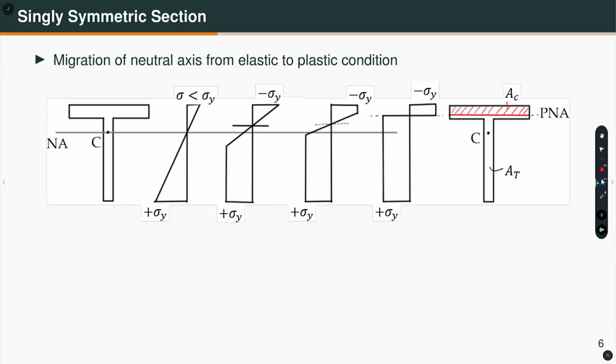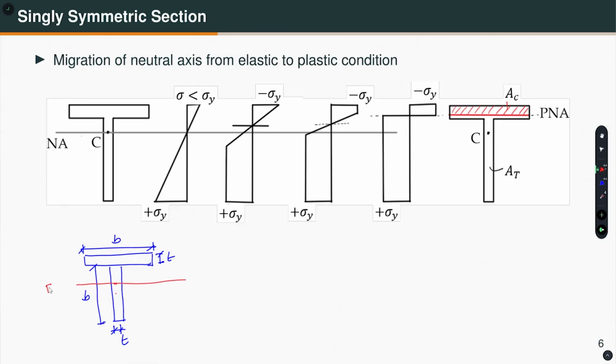If I take an example, then it will be even more clear. Let us say I take a rectangle like that, which has a thickness T and this is B. I take the same rectangle and make the T, now it is like this. So, this is also B and this is T. You can locate the elastic neutral axis, which, if this is the middle of this part, will be somewhere here.